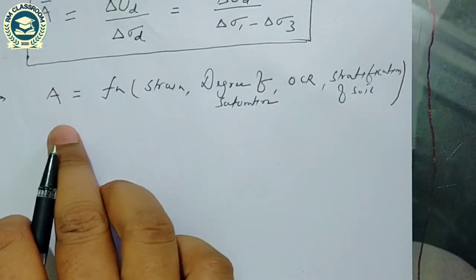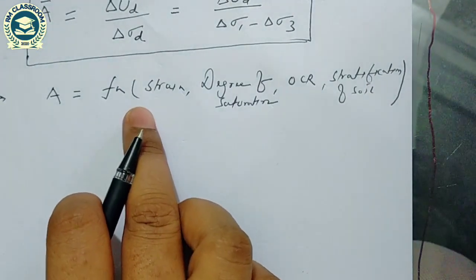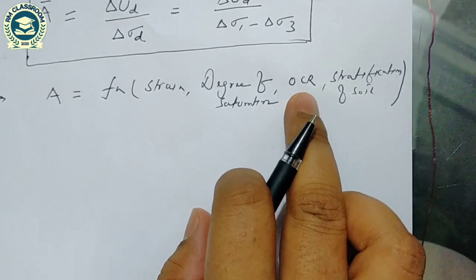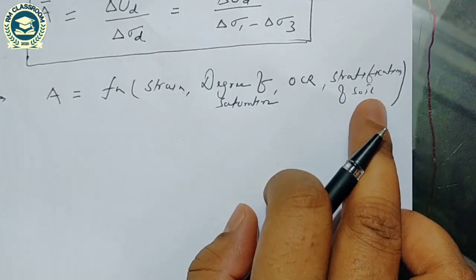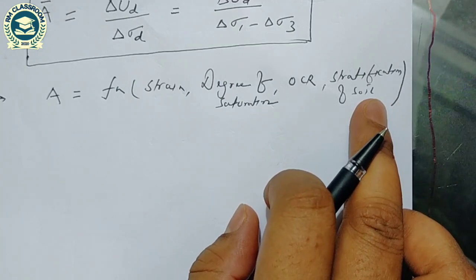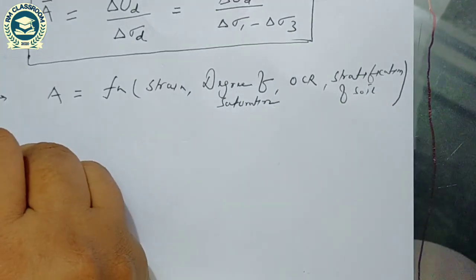So this A value depends on the strain, degree of saturation, over consolidation and stratification of soil. And the value of A may be negative.